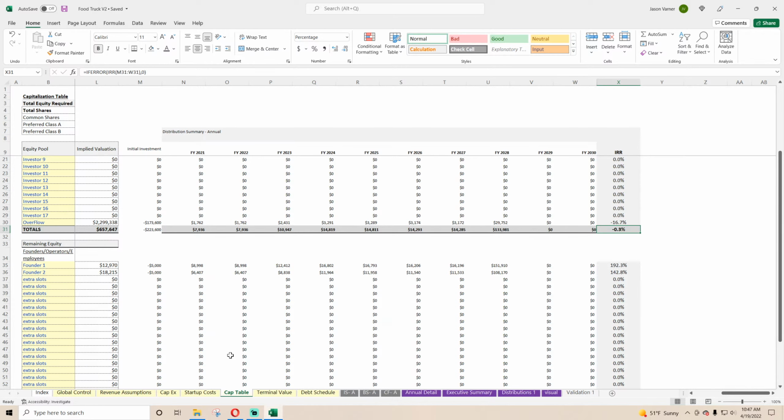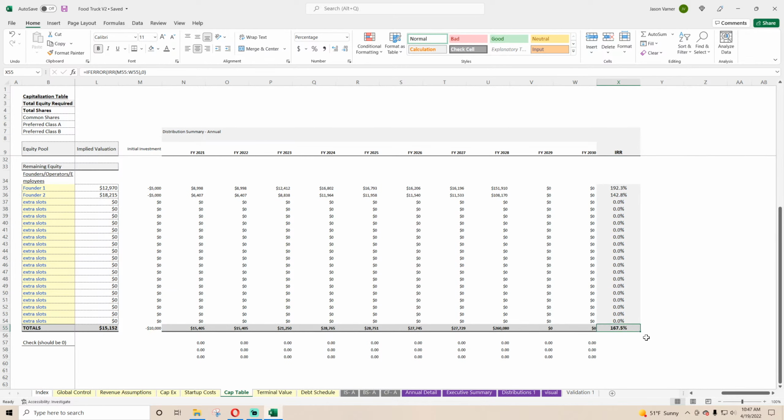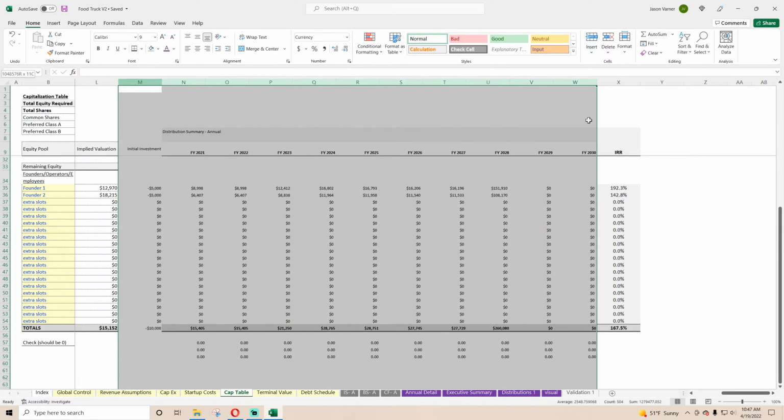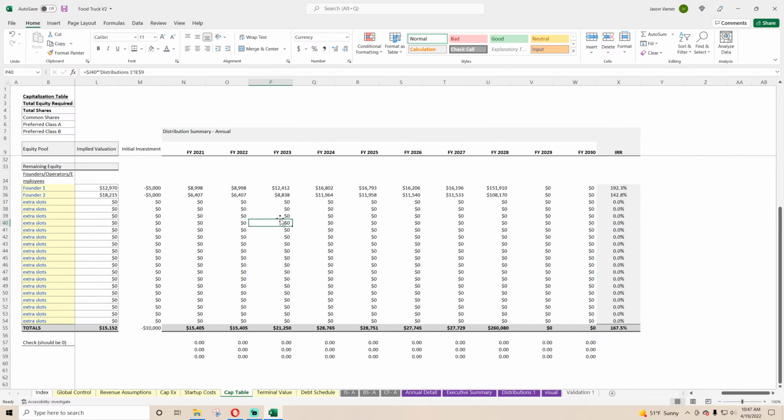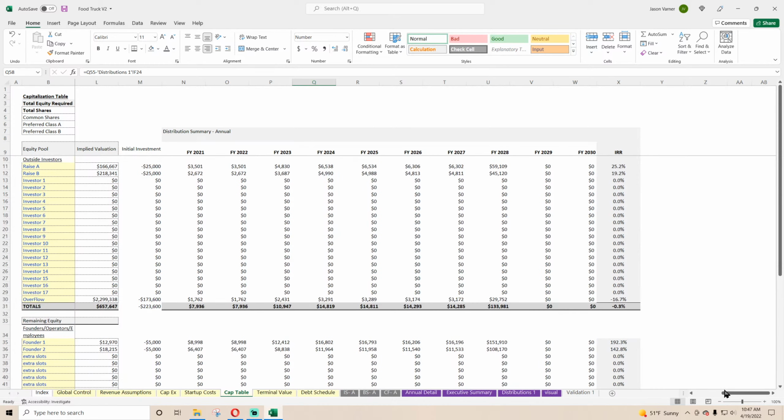That's fine. Just gotta make sure it matches. Also, I did all these in 9. I don't know why. It should be 11 like everything else. Now, good news, this matches our distribution, so that sanity check's nice. Our percentage IRRs match.